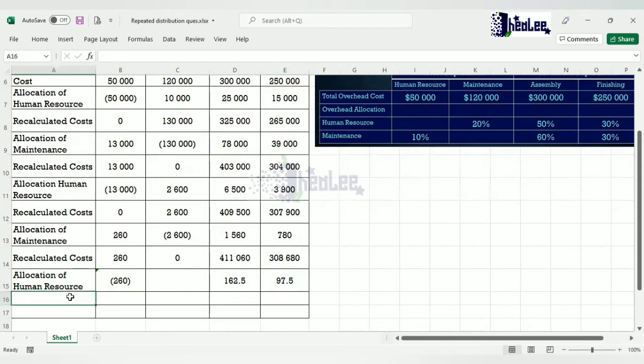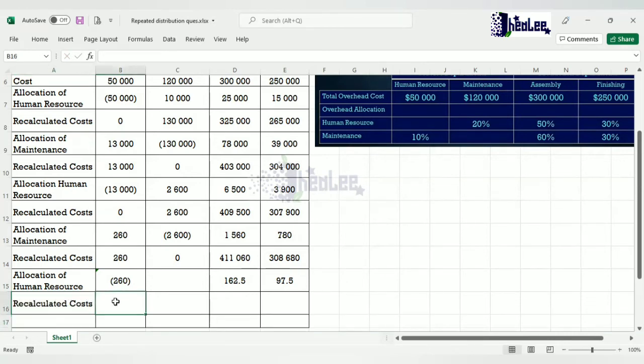And the final thing, yes, we are there. We're at the very last thing, and that is to do your recalculated cost for the human resource. For human resource, we have shared all of that, so that is 0. There is nothing for the maintenance.